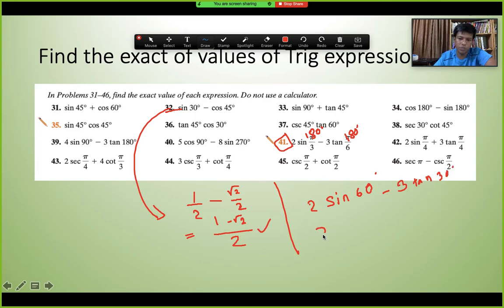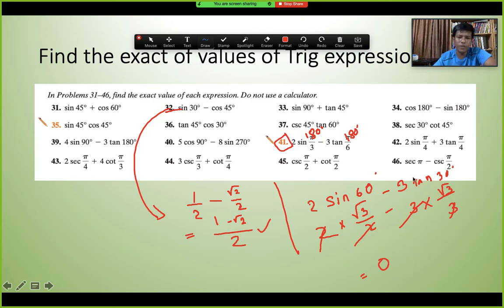Then we put the values: root 3 by 2, and minus 3 times tan 30, which is 1 by root 3 or root 3 by 3, both are fine. This and this cancel out, and interestingly root 3 minus root 3 goes to 0. So the answer here is 0.